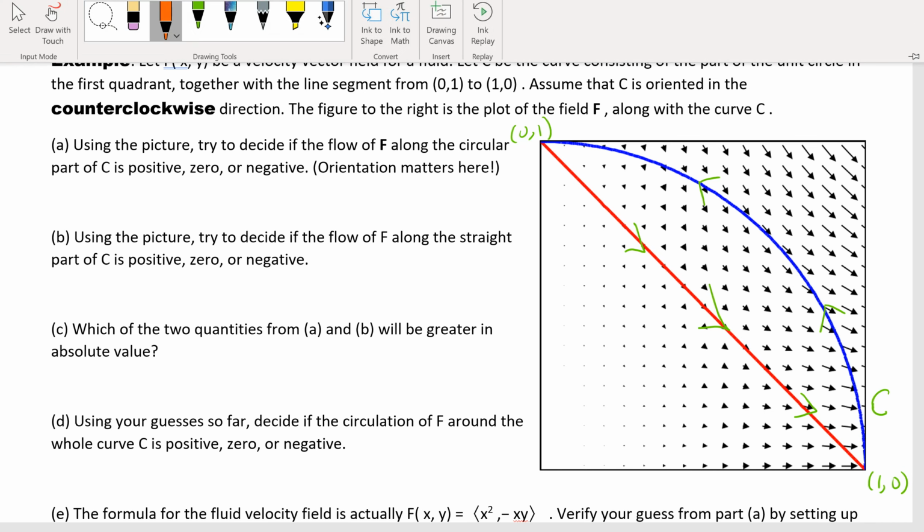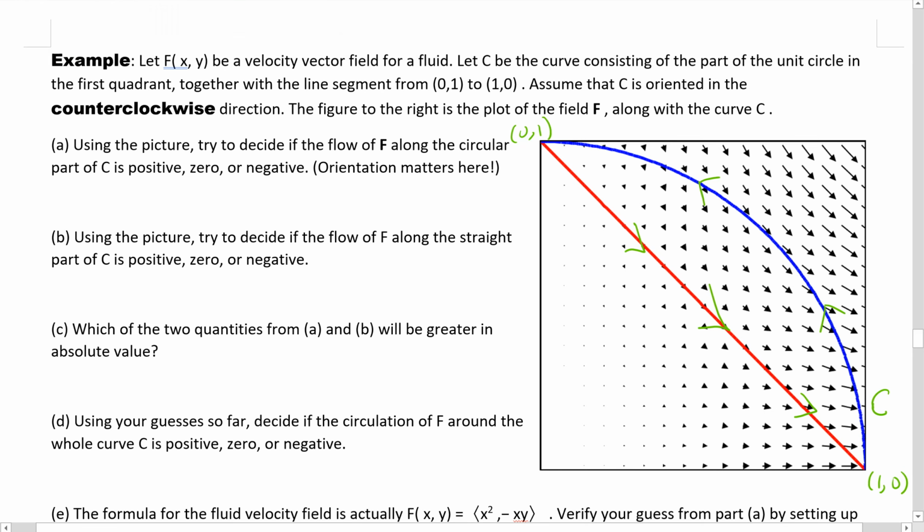Orientation matters here. Let's look at the arrows. Well, my orientation is going this way, but my vector field is going that way. What can you imagine? It looks like they go in opposite directions, so the dot product will give us negative, so the answer will be negative work done. I mean flow.